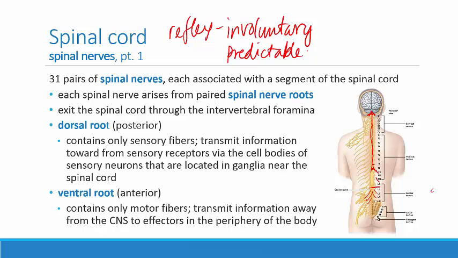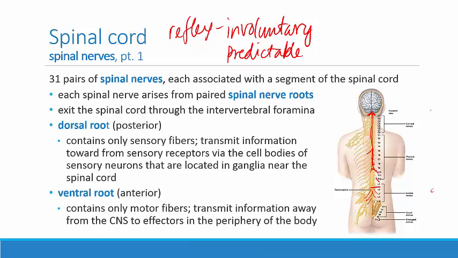So when we look at the gross anatomy of the spinal cord, it has 31 spinal nerves, each coming from one of the segments of the spinal cord. Each spinal nerve arises from nerve roots, and there are pairs of nerve roots on each side, and they exit from the spinal cord at the intervertebral foramina.